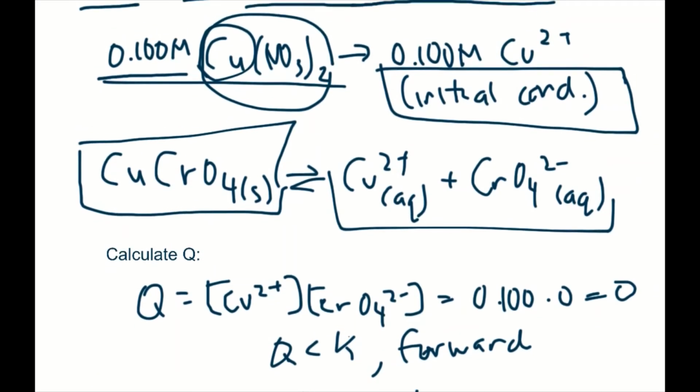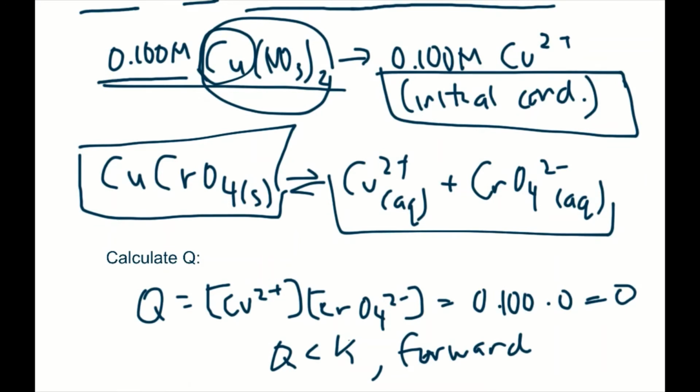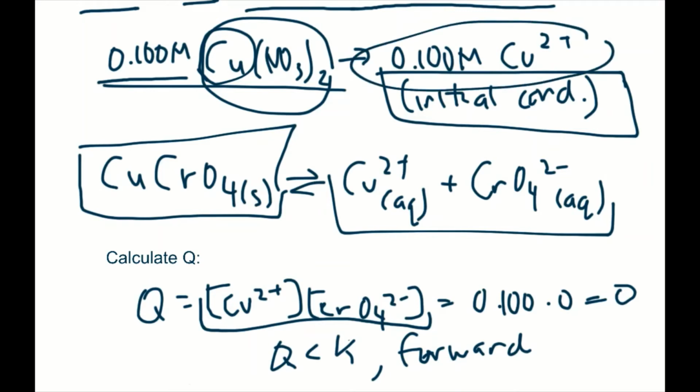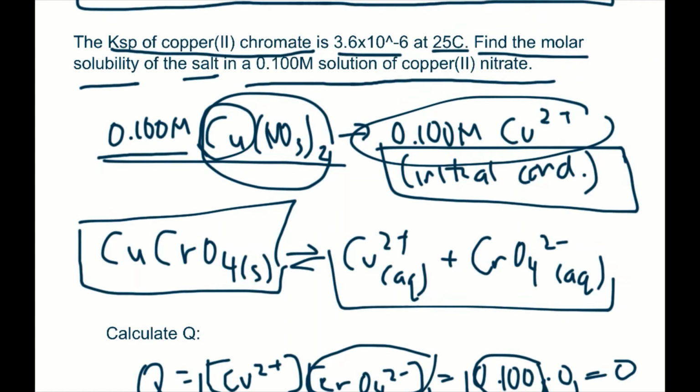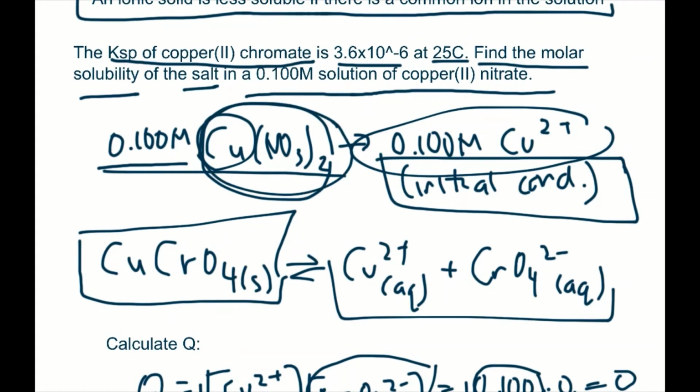The Q is equal to the expression for a Ksp: the concentration of copper(II) times the concentration of chromate. The concentration of copper(II), as we said, was 0.100 molar, and the initial concentration of chromate is 0 because nothing dissolved initially except for the 0.1 molar of copper(II) nitrate.